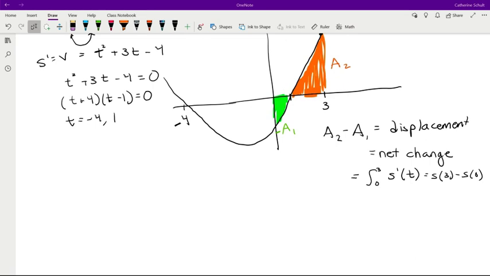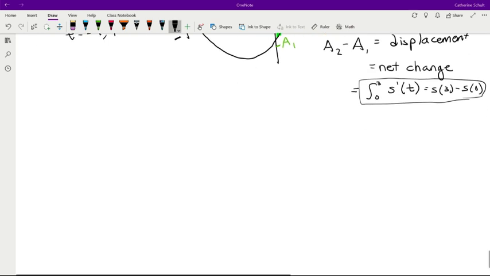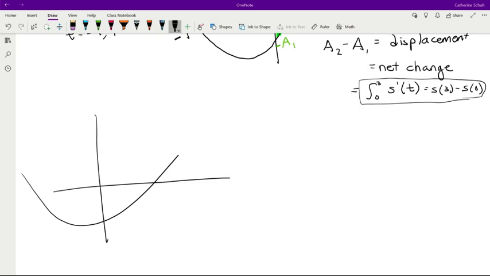Well, when we take the integral, we don't really know where the area is negative and where the area is positive. We just know what the net change is. So here's going to be our strategy. We're going to have the velocity curve, right? This is our velocity, just like before. And if we take the integral from 0 to 3, it's going to do the subtraction, unfortunately.